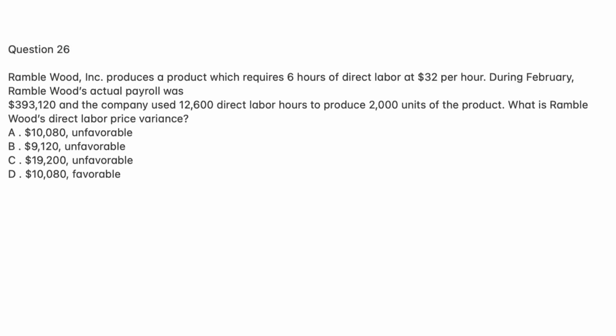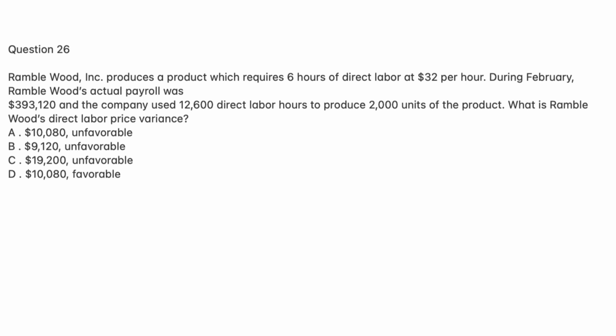Question 26. Ramblewood Incorporated produces a product which requires 6 hours of direct labor at $32 per hour. During February, Ramblewood's actual payroll was $393,120 and the company used 12,600 direct labor hours to produce 2,000 units of the product.